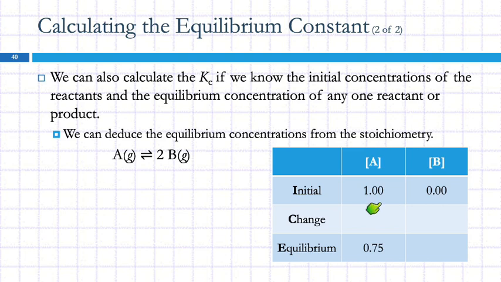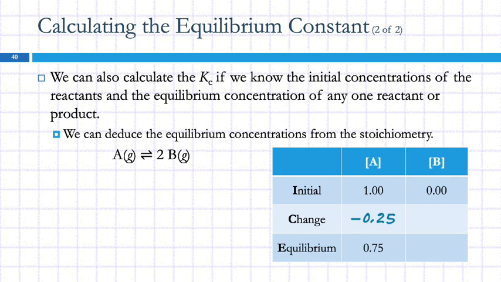So here, if we have an initial concentration of A being 1 molar and B is 0, and we measure at equilibrium that A is now 0.75 molar, we can look at, well, how did A change? Well, it decreased by 0.25 molar, right? When A goes down, B goes up, and then we have this factor of 2.